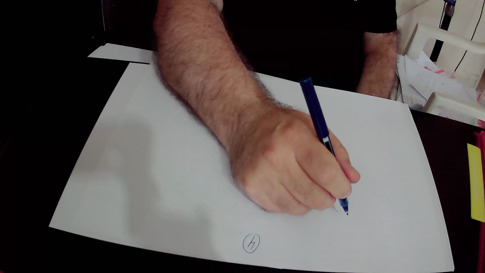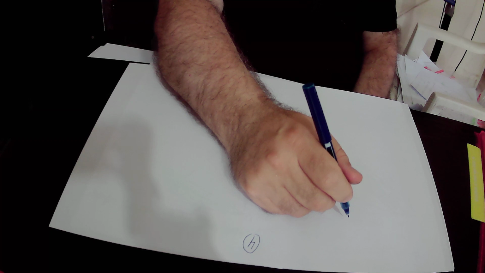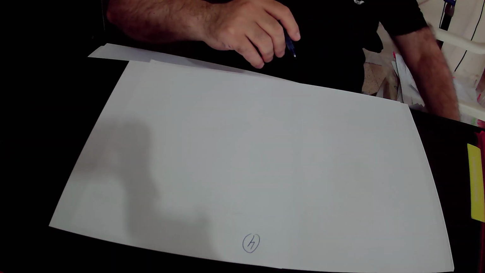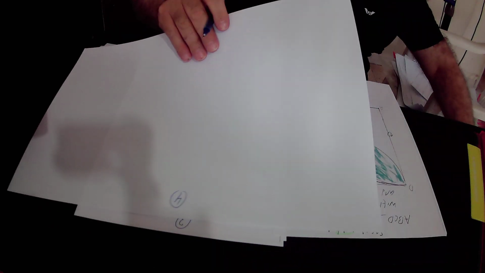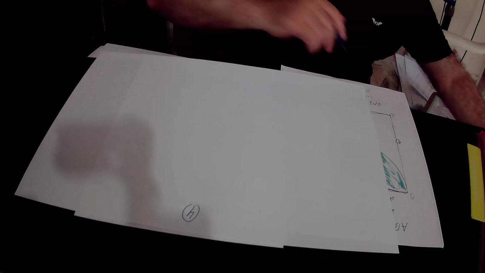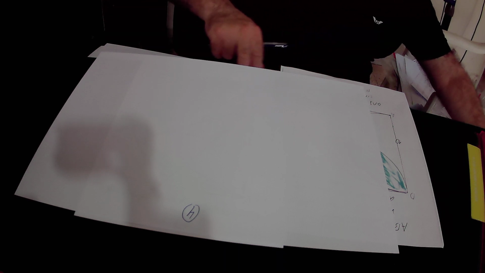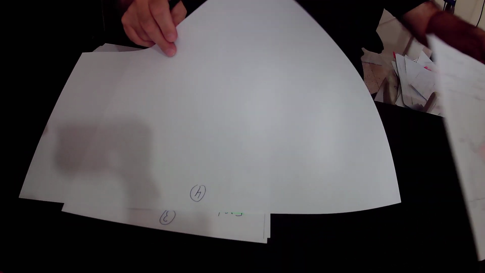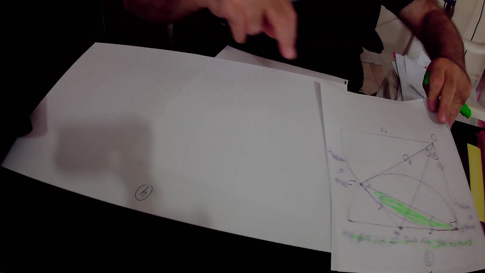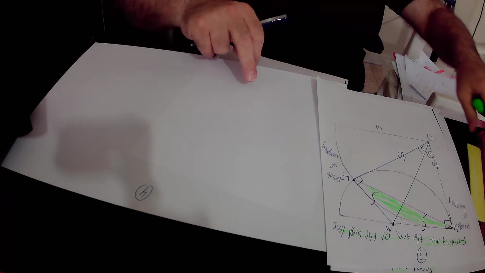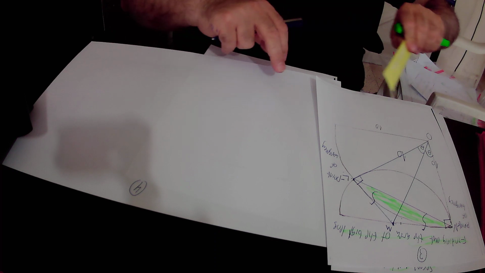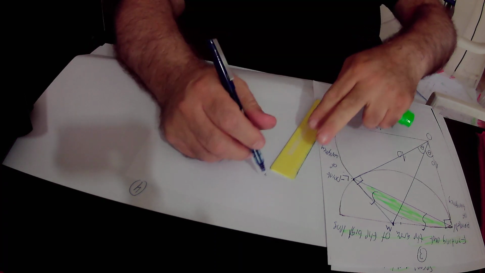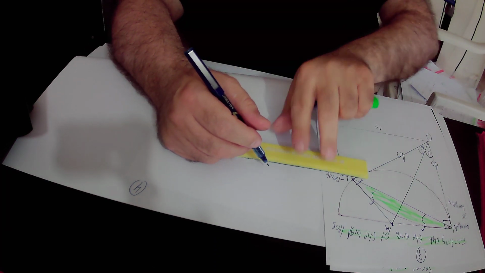So in order to find out the values of theta and sine 2 theta, I will draw the right triangle NOL. We will derive the values of theta and sine 2 theta from the right triangle NOL.